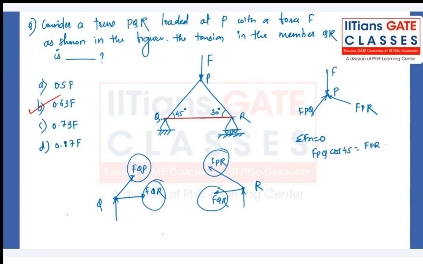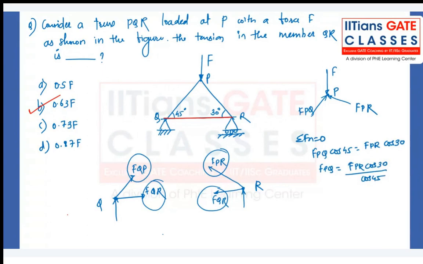Is it clear? So from this, you can write F PQ as F PR cos 30 divided by cos of 45. Okay. And now take the summation of all vertical forces equal to 0.